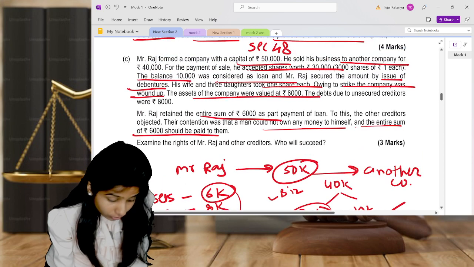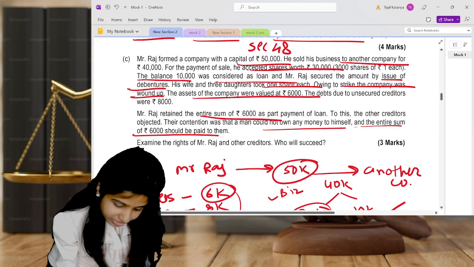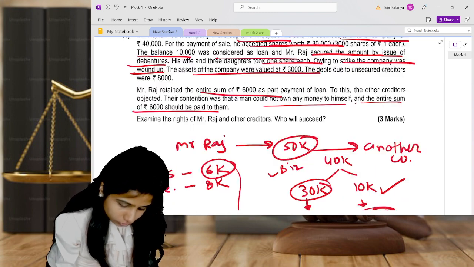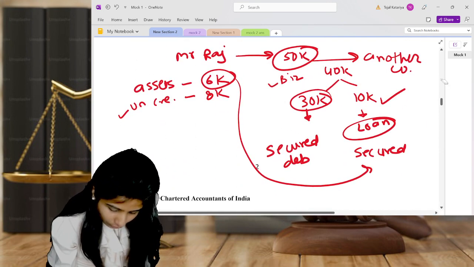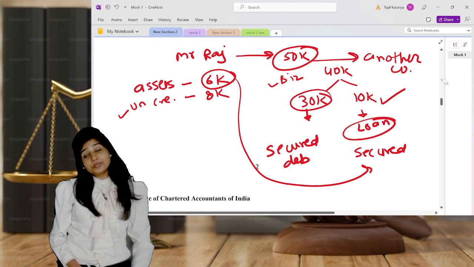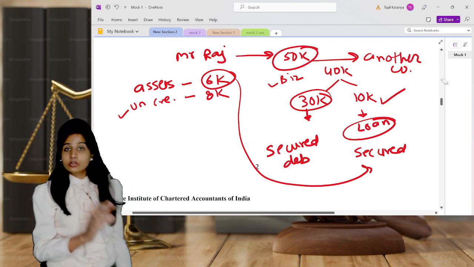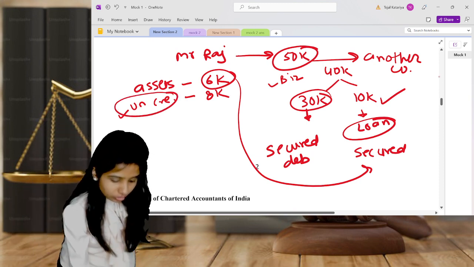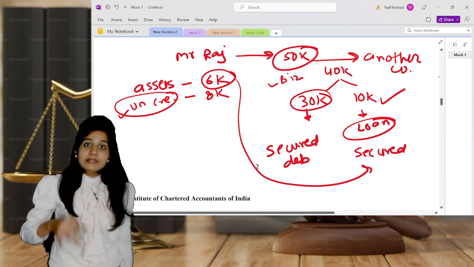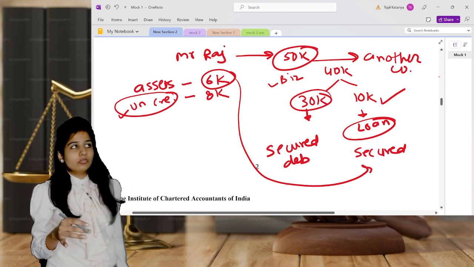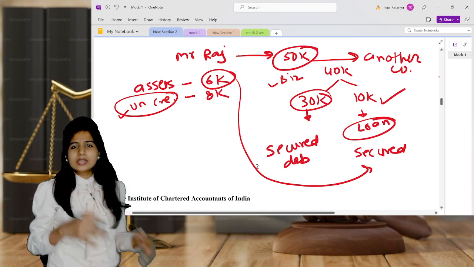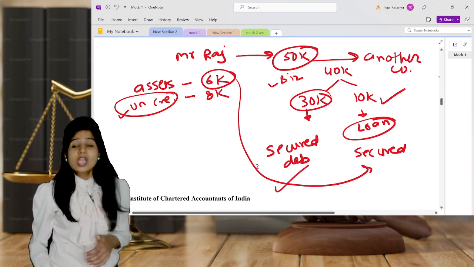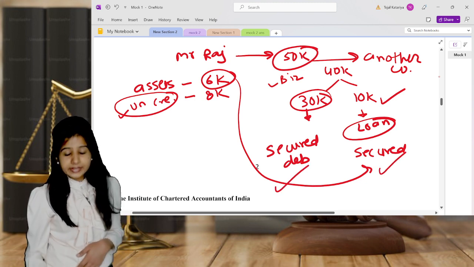This was also secured. Mr. Raj secured the amount also. So obviously, first of all, you're supposed to pay the secured creditors, and only then the unsecured creditors. Even though Mr. Raj himself is the owner holding secured debentures, along with that he is a secured creditor also.